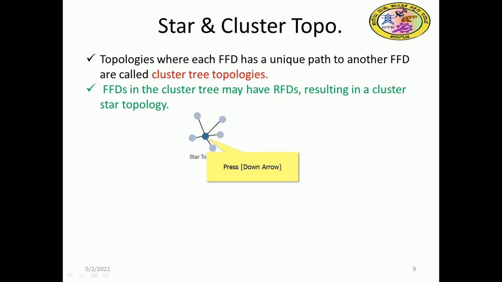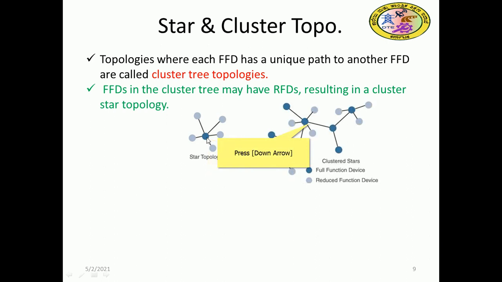Here the center one is an FFD, and all the surroundings are RFDs. If this RFD wants to speak with that one, it cannot speak directly; it should speak via the FFD, right? Only the RFD can speak to RFD via FFD. So that is the principle behind the star concept.